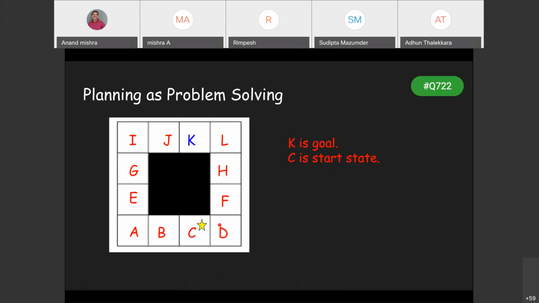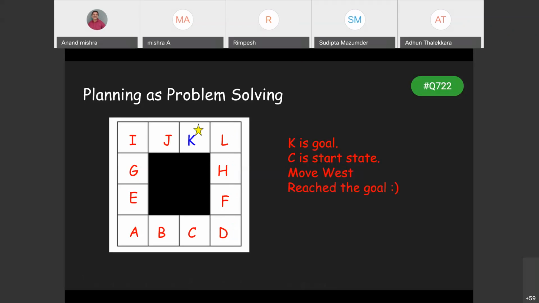But I choose to move east, for example. Then I have only one option here: I move north. I move north again, I move north again, and I move west. And that's it, right? So I reach the goal.